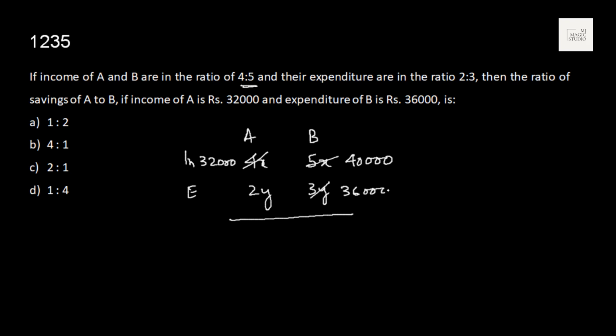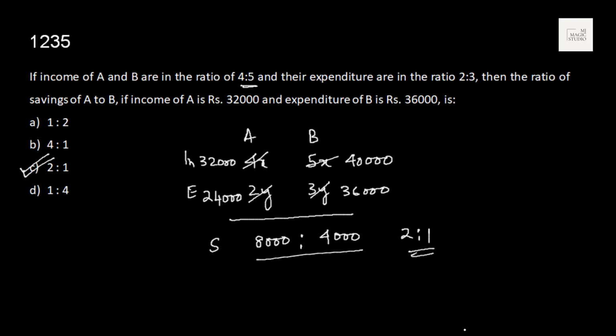This 3y is 36,000, so y equals 36 by 3, that is 12,000. 12,000 into 2 is 24,000, expenditure of A. 32 minus 24 is 8,000, savings of A. And 40 minus 36 is 4,000, savings of B. So the ratio comes down to 2:1, option C.